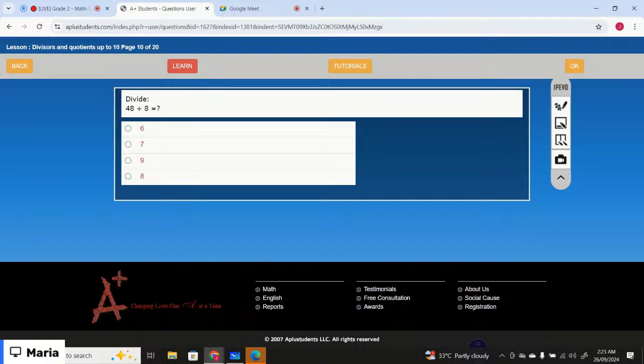The next one is 48 divided by 8. So 8 times what number is 48?